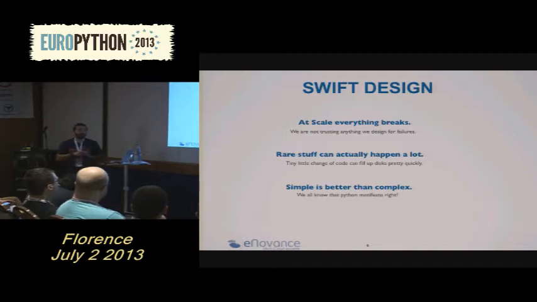Rare stuff can actually happen a lot. Stuff that you don't really realize as a developer when you start writing code: you can put in some tiny little change and do crazy stuff, like fill up disks pretty quickly. I'll take an example from about 4 months ago.